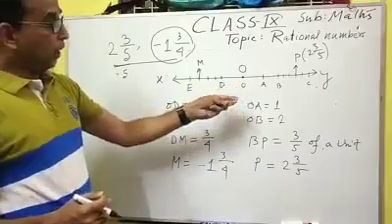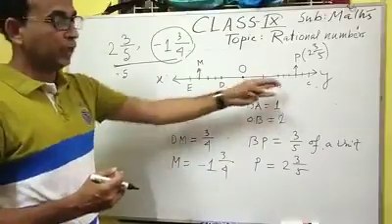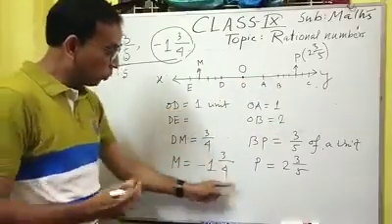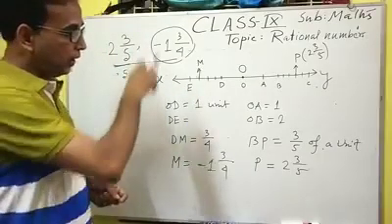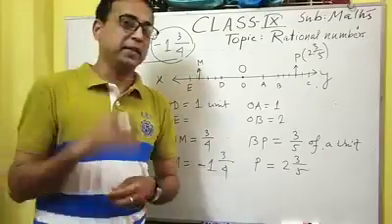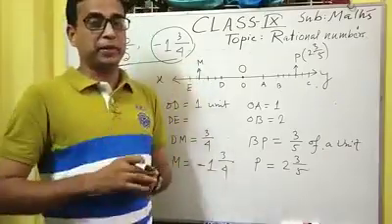Since it is to the left of O on the real line, the sign should be negative. Okay, in this way we can represent any rational number on the real line.